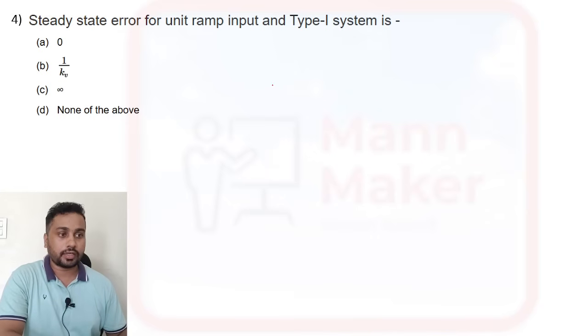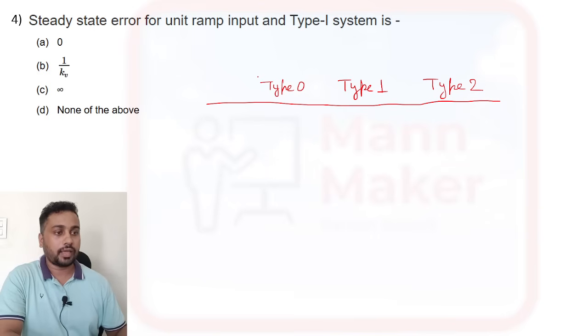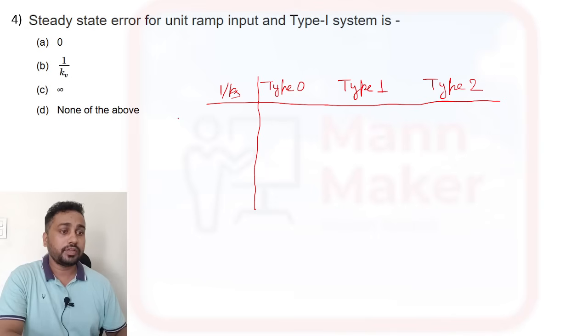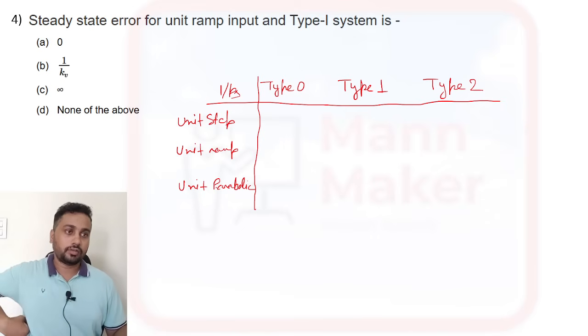In a control system we have type 0, type 1 and type 2 systems. For these we have inputs: unit step, unit ramp and unit parabolic. Here they have asked for ramp input.